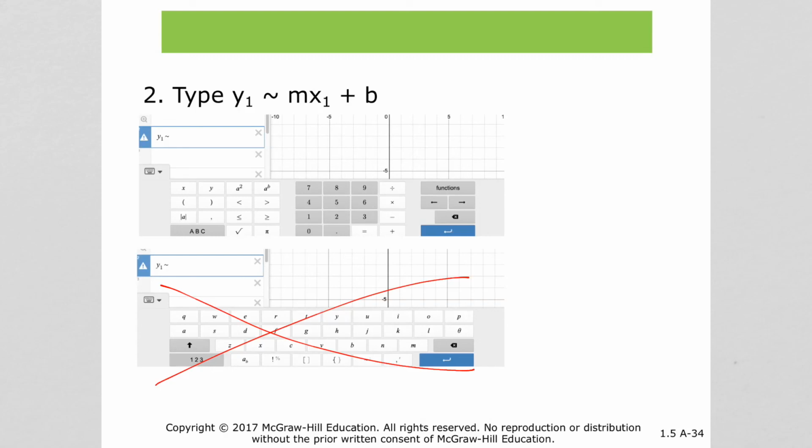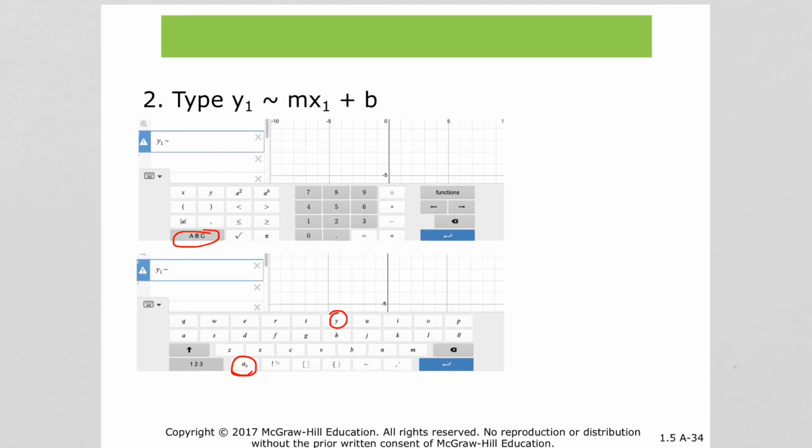Now notice, to type y sub 1, you write y and then you select the ABC to get your y value. Then you press this button here and it'll let you put a subscript. So you press that, go back to your numbers and select 1.